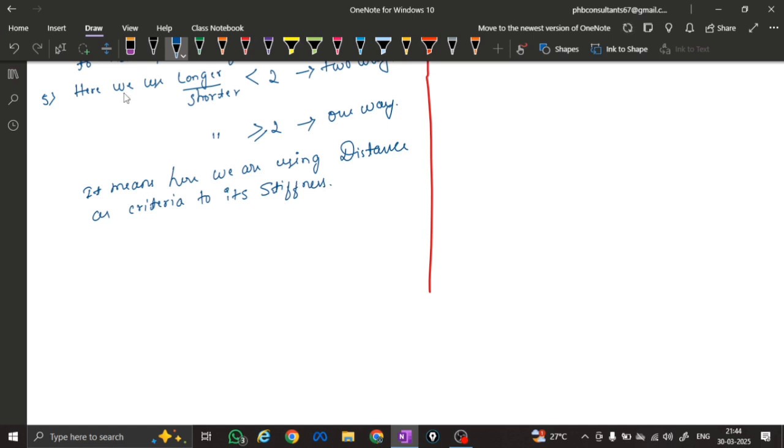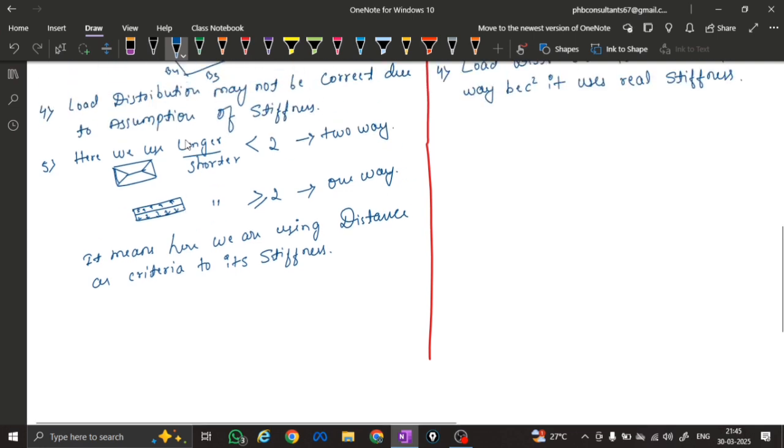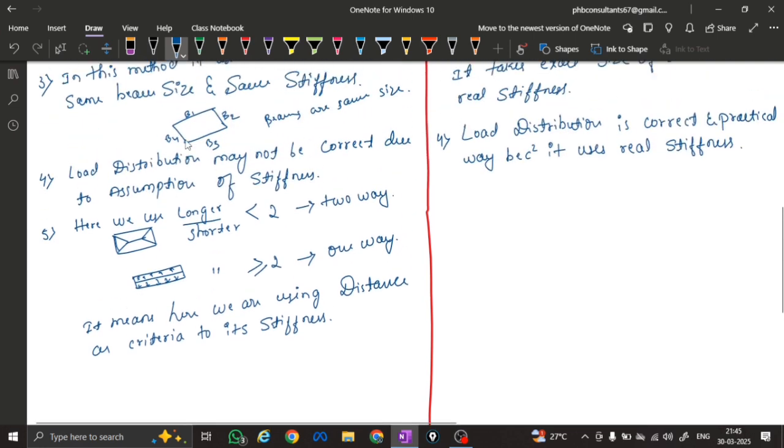You already know the two way load is distributed like this and one way load distribution is like this, half portion this side and half portion this side.